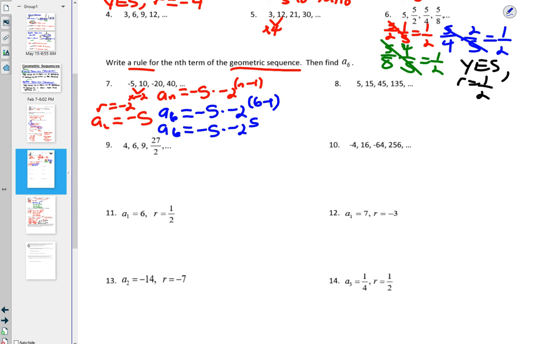I'm getting 160. I'm getting that a sub 6 is 160. Did anybody get anything different?